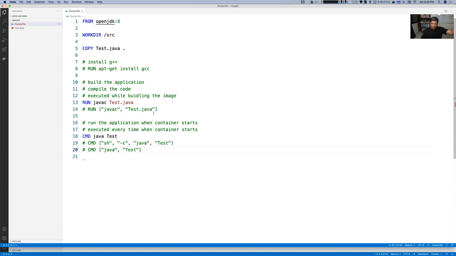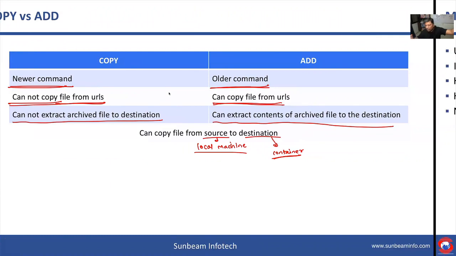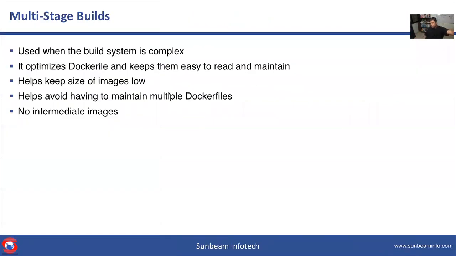Building an application will be done only once, but running will be done as many times as the container starts. And that is where I want to separate these two steps into two different stages. I want to build something called a multi-stage build, or multi-stage Docker file. What do you mean by that? I'll show you an example and hopefully you will understand.